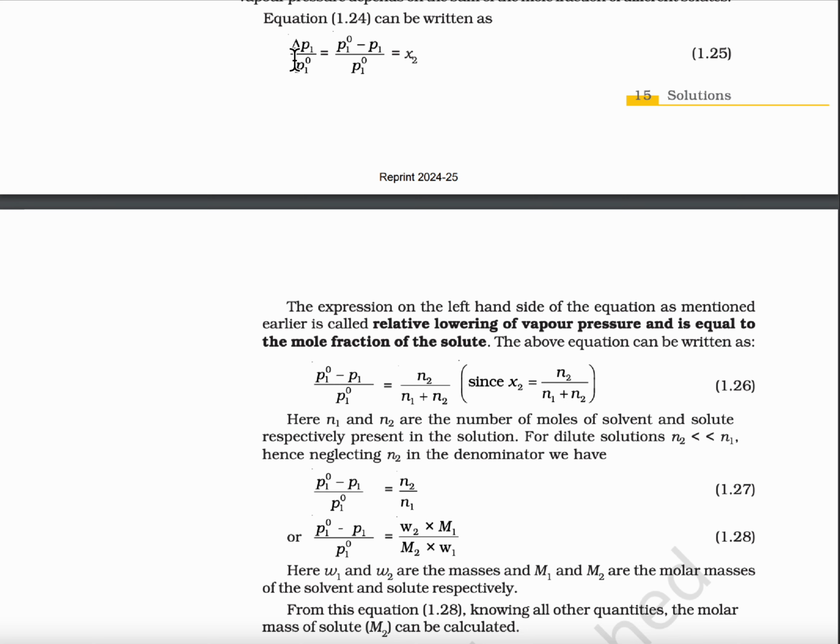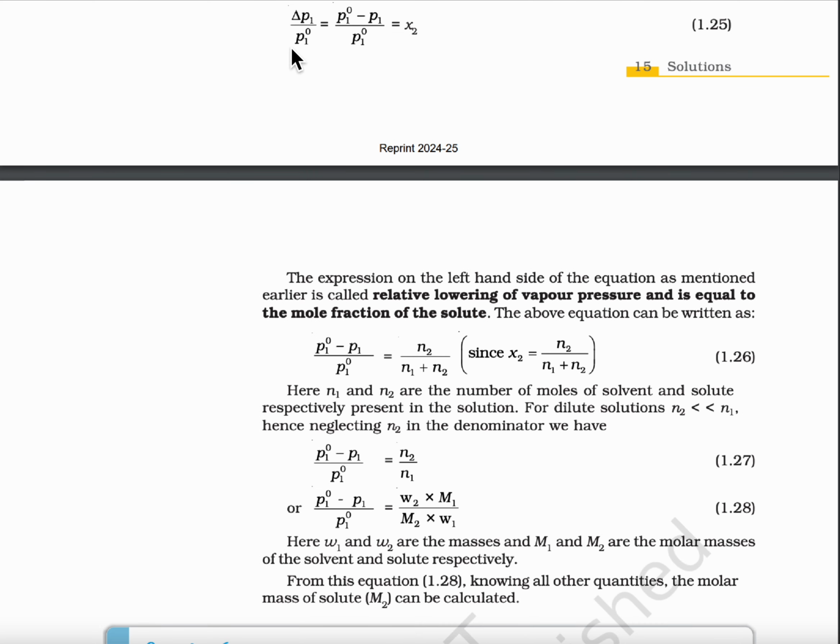Relative lowering of vapor pressure, because this is the reduction in the vapor pressure from pure form to solution form, relative to the vapor pressure in its pure form, will be equal to chi2. Chi2 is nothing but your mole fraction of the solute.